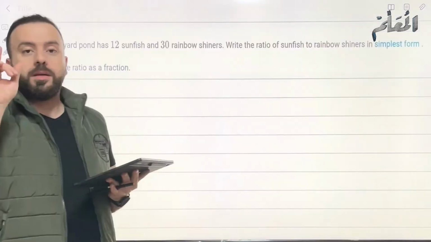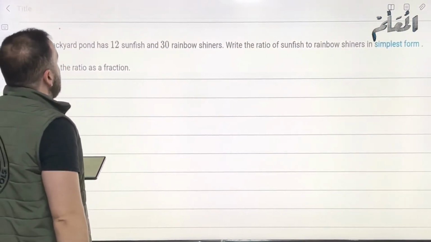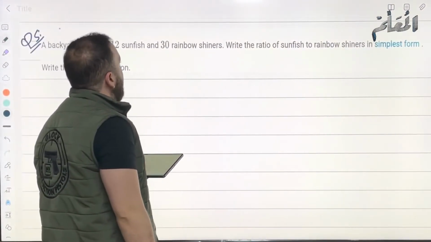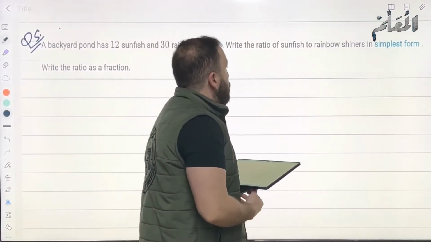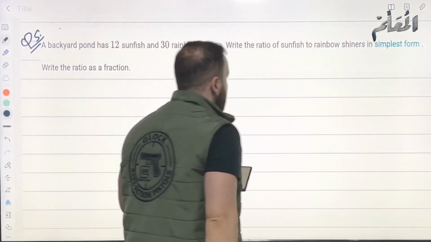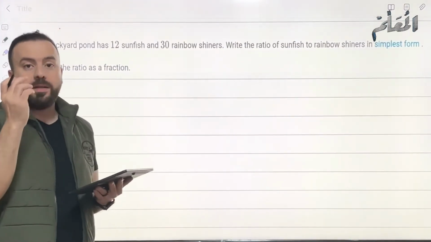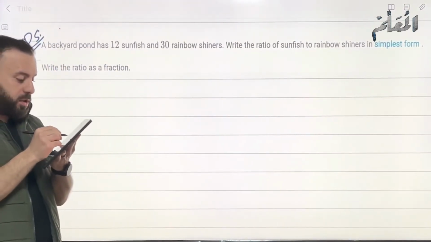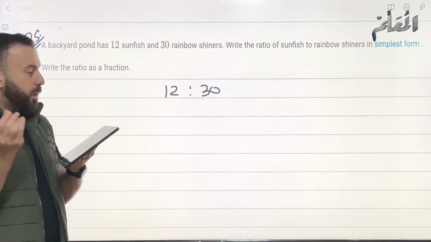See you there. Last one, which is that a backyard pond has 12 sunfish and 30 rainbow shiners. Write the ratio of sunfish to rainbow shiners in the simplest form. That's very easy one. Just remember, if you want to write the ratio in the simplest form, it's going to be 12 to 30.